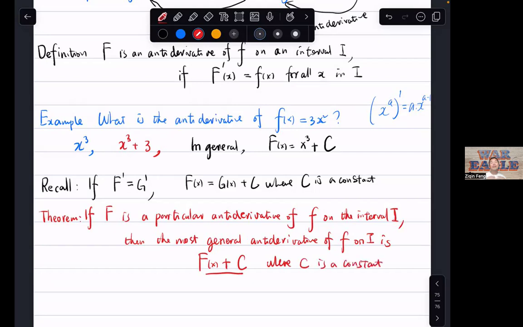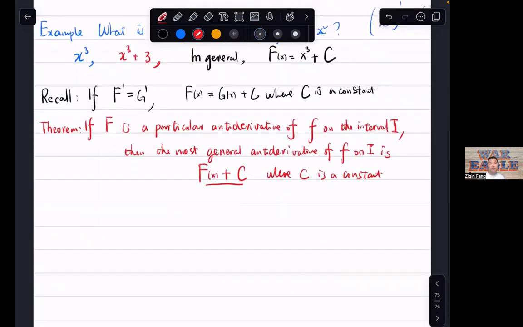So to find the antiderivative of a given function, all you need to do is find one particular antiderivative. That would be good.